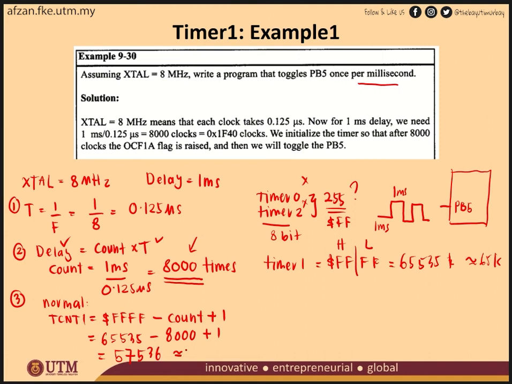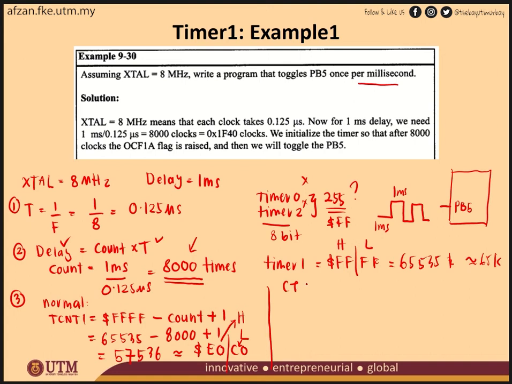You convert this decimal to hexadecimal, so you get E0C0. See here you have 2 bytes, or 16-bit data. So C0 will go to the low byte of your TCNT, while E0 will go to the high byte of your TCNT. This is if you're using normal mode.